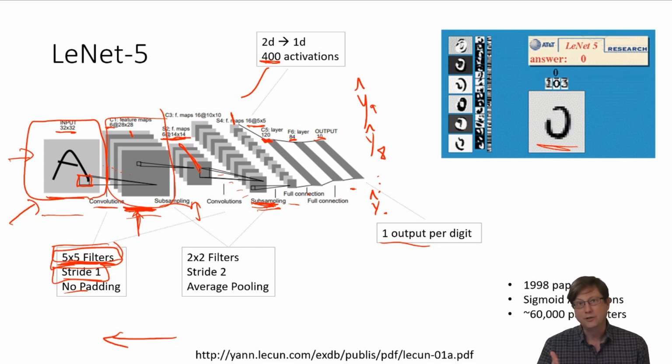And then there's a bunch of fully connected layers. So in some sense, you convert a 32 by 32 image into 400 activations, which talk about these intermediate properties that the network's going to learn for you, and then you just drop it into a fully connected network of the type that we used before.